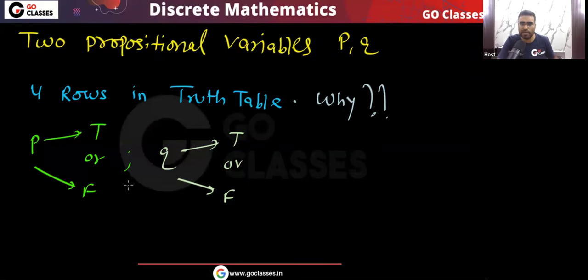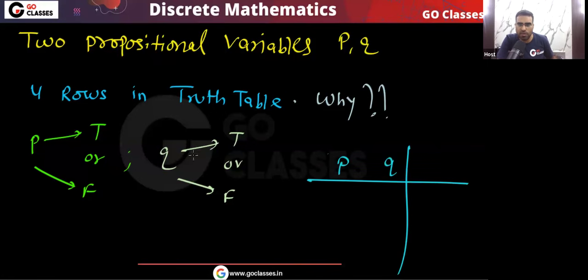I can say 2 multiplied by 2, because for P there are two choices, either true or false, and similarly for Q there are two choices.